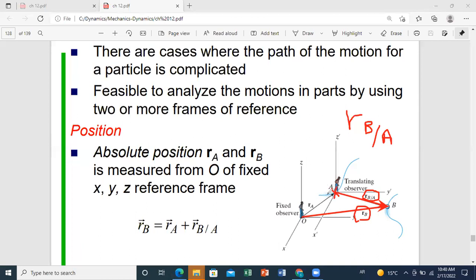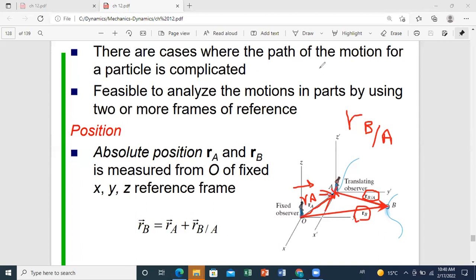So to detect the position of A in the fixed frame, I need to know vector RA. Looking at these vectors, you can simply say from the geometrical rule that vector position RB is equal to vector RA plus RB relative to A.